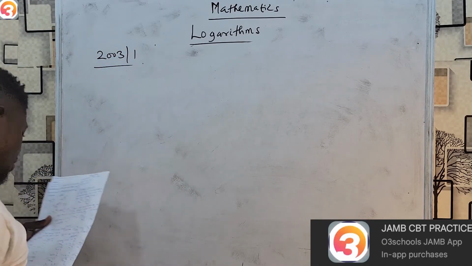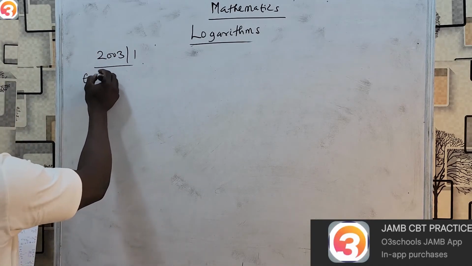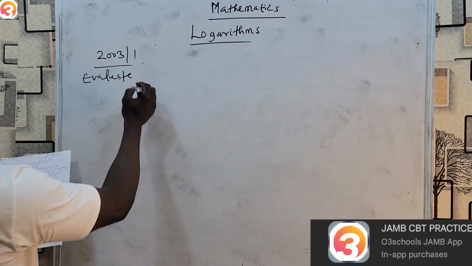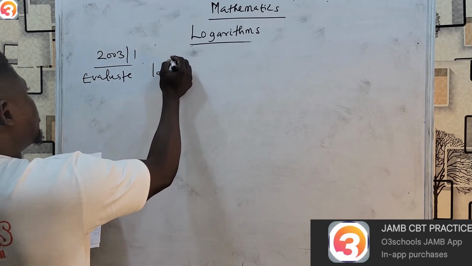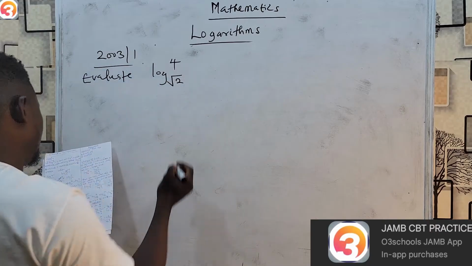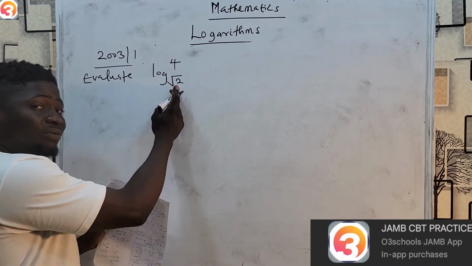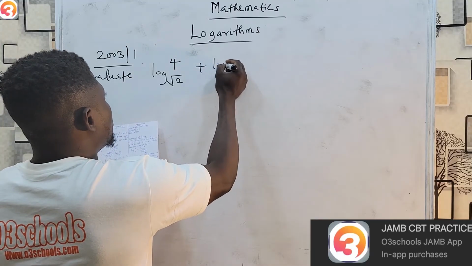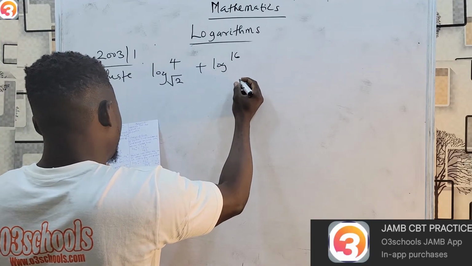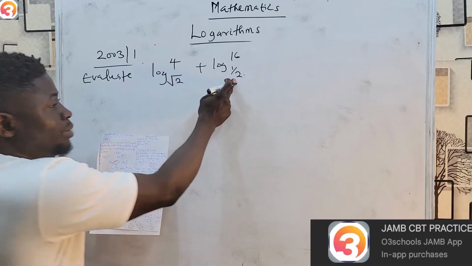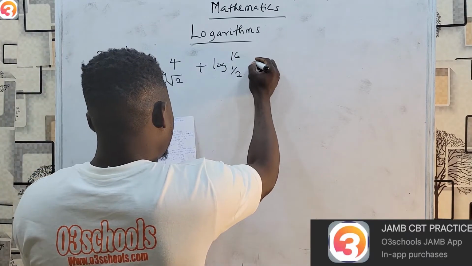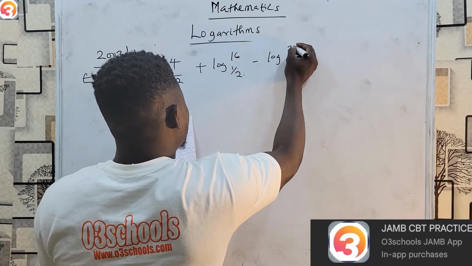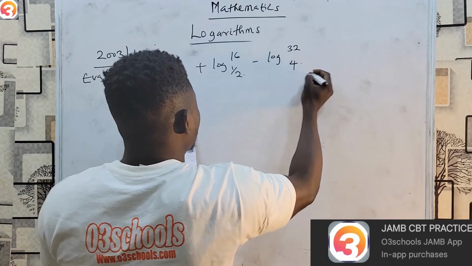question 1. So they said evaluate logarithm of 4 root 2 base... That started seeing very uncomfortable bases. 4 root 2 plus logarithm of 16 base 1 over 2, then minus logarithm of 32 base 4.